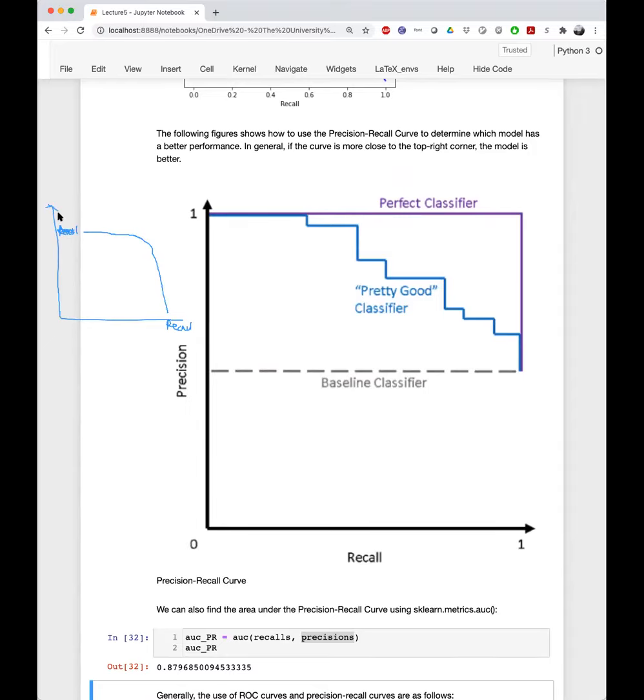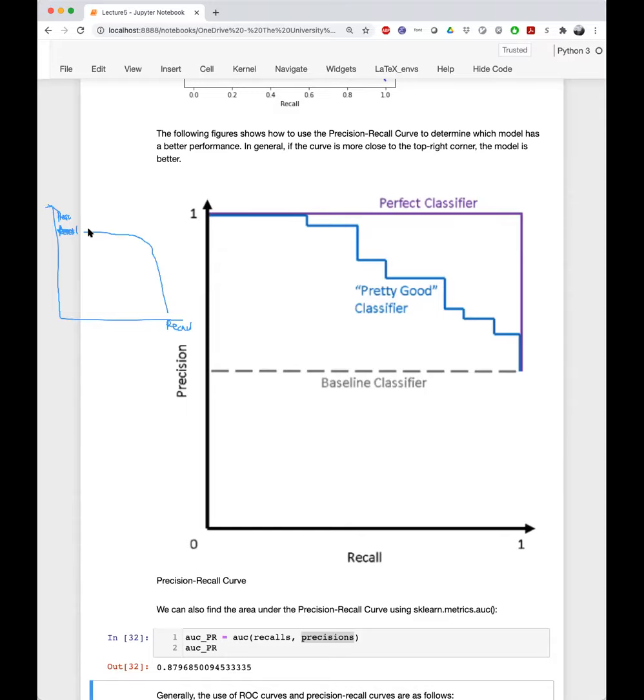Suppose you care about recall more, for example, in the cancer detection case. You want to have a higher recall.